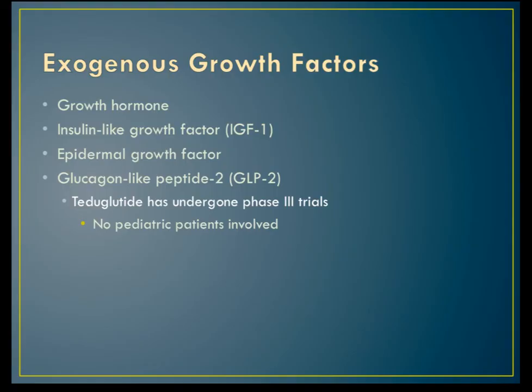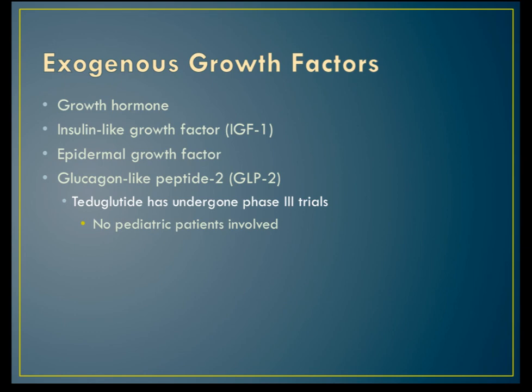So how can we make their intestine grow to where it's long enough to meet their nutritional needs? The one on this slide that has gotten the farthest in the literature is the GLP-2, or the glucagon-like peptide 2. It has already gotten to phase 3 trials, but we still do not have near enough data to be able to recommend this to patients, especially in the pediatric population, because we don't have any data in the pediatric patients.